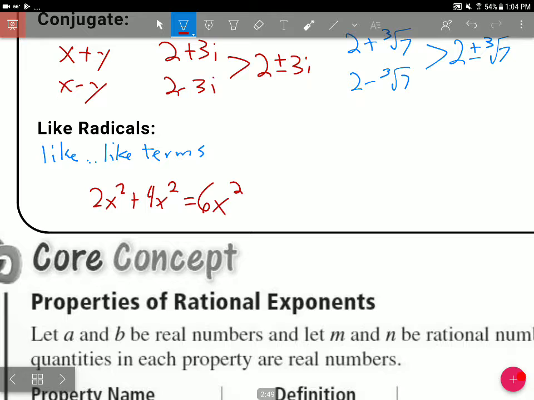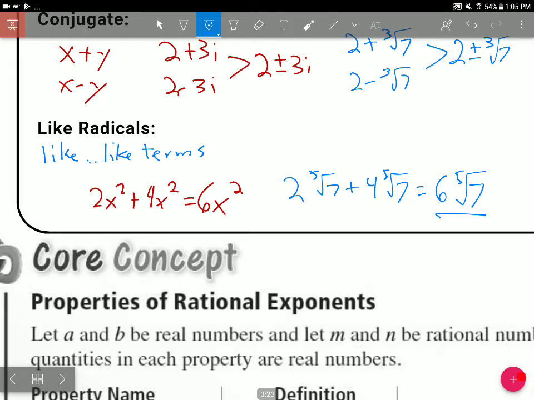We can do the same thing with radicals. So let's say I had 2 on the 5th root of 7 plus 4 on the 5th root of 7. Those are like radicals. They are both the 5th root of 7. So I can combine them to say 6 5th root of 7s. That's what we mean by like radicals. If you subtracted, it'd be 2 minus 4, which would be negative 2, 5th root of 7s.